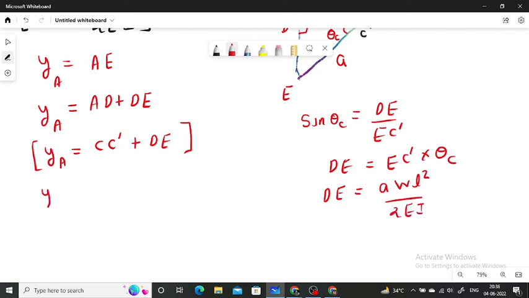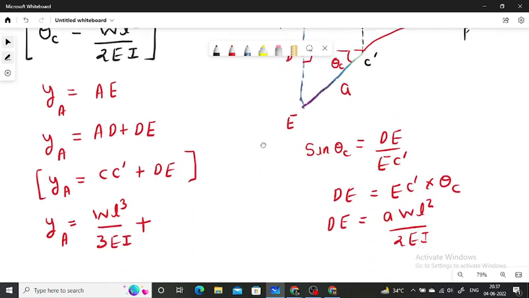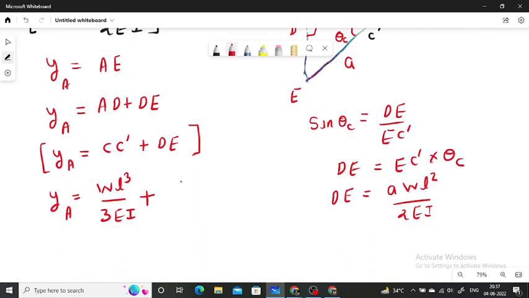Now YA is equal to WL cube upon 3 EI plus WL square into A upon 2 EI.